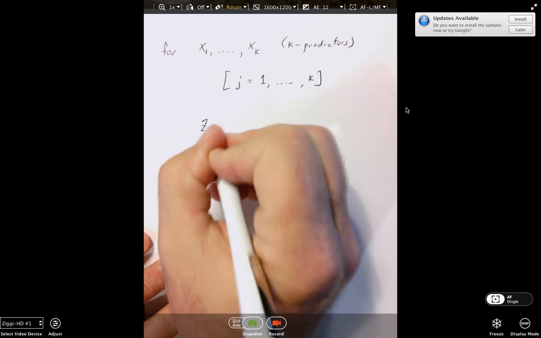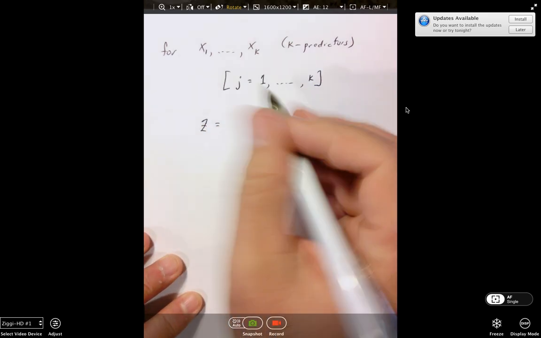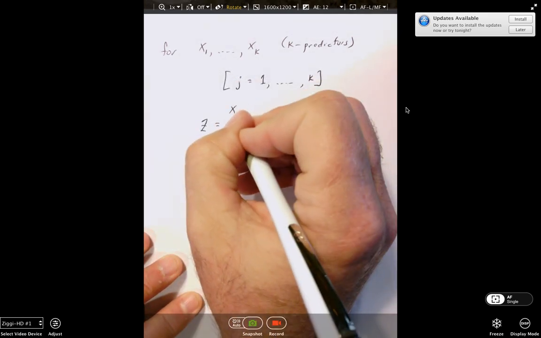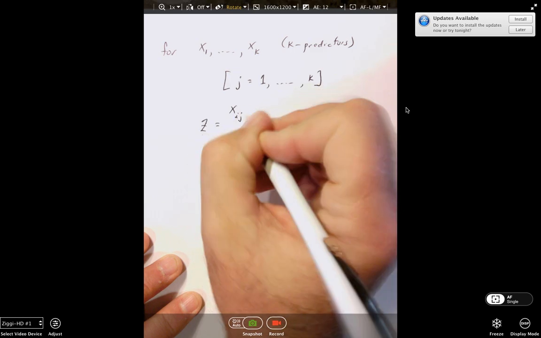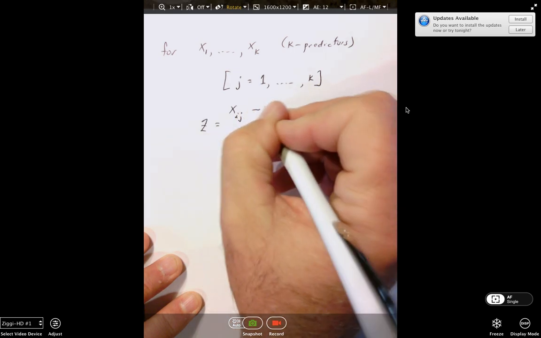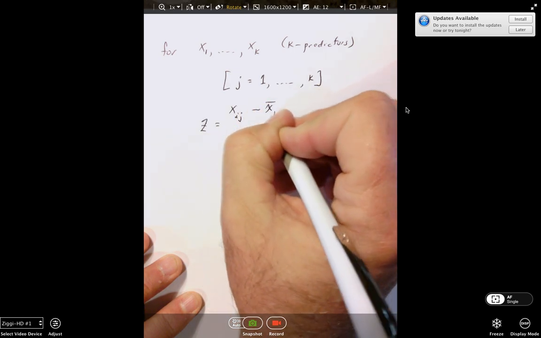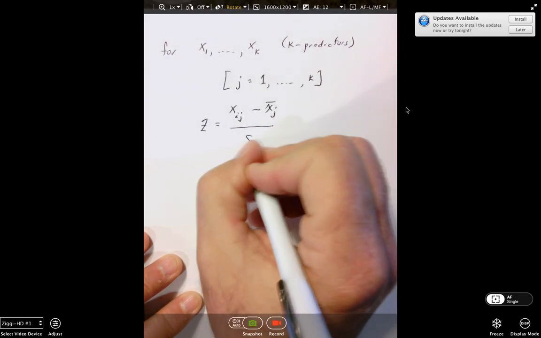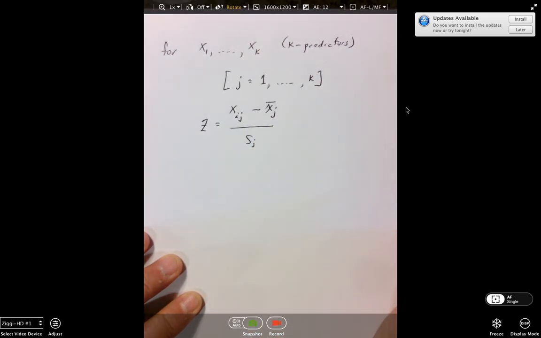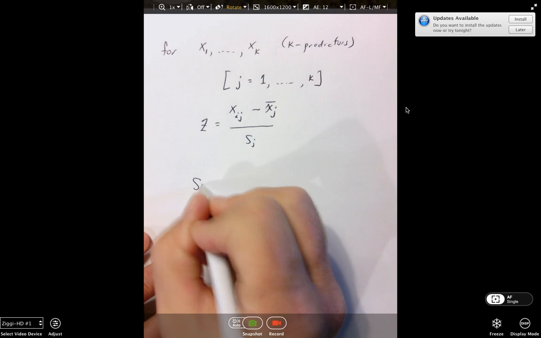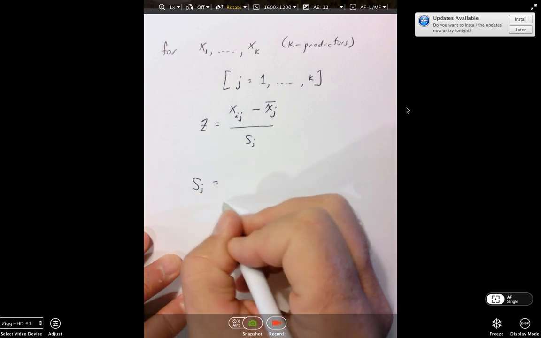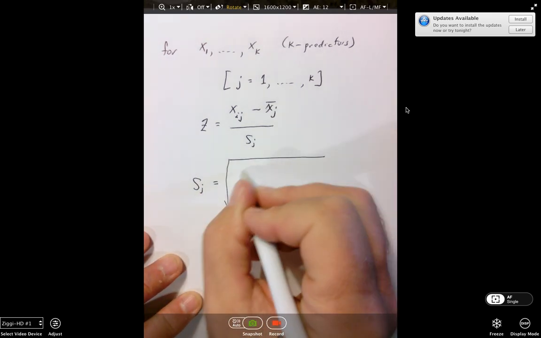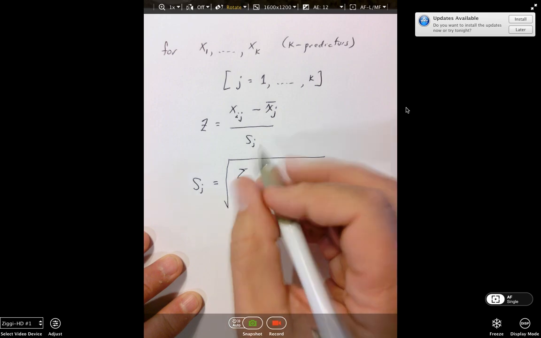Our standardized measure can be taken by taking each x sub i sub j minus the mean for x sub j over the standard deviation for the jth variable, where s sub j is the standard deviation, calculated exactly the way you would think.